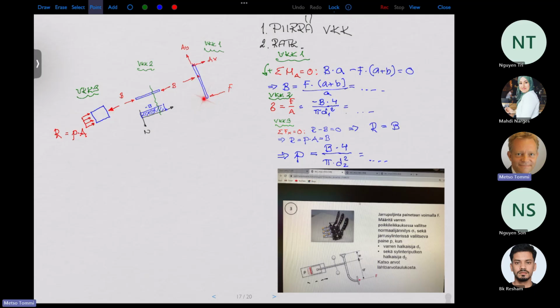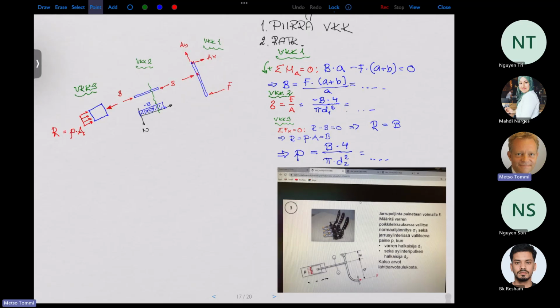And then one by one, the first free body diagram is this one. There is a joint here, and that's why when we remove the joint, there have to be an X component and a Y component.